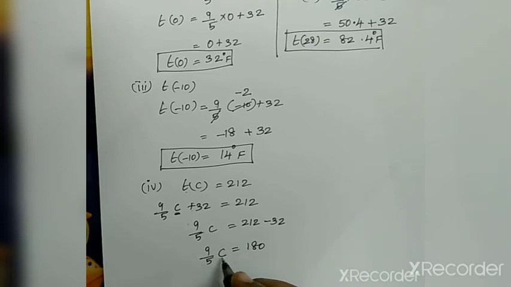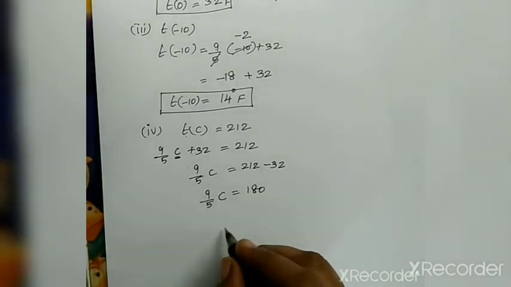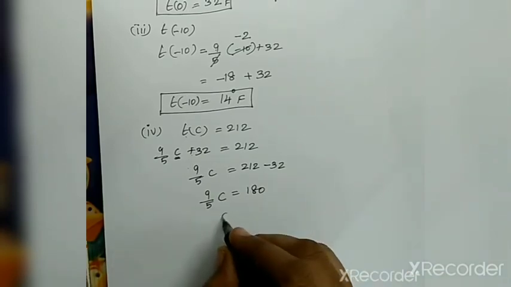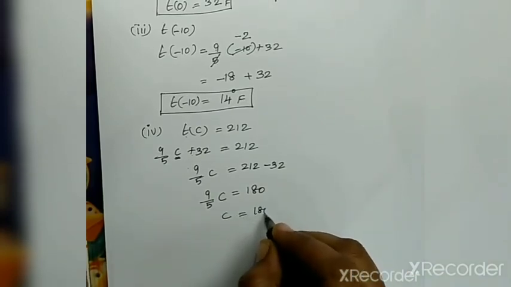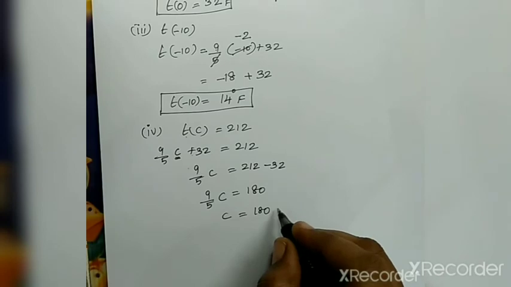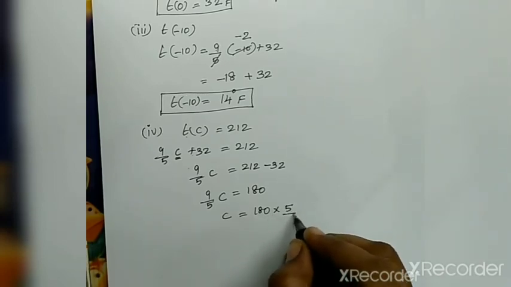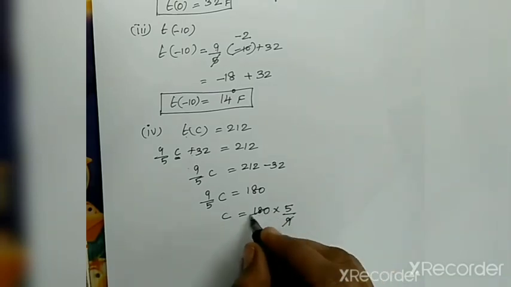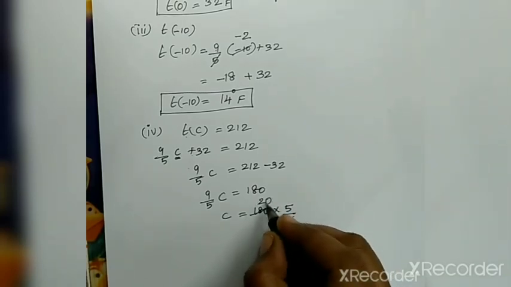We want the value of C only. So keep the C here and take the 9 by 5 to that side, we will get 180. Here it is multiplication, so when it goes to the other side, it becomes the reciprocal, 5 by 9. Cancelling 9 and 180, we will get 20.